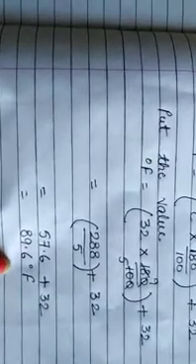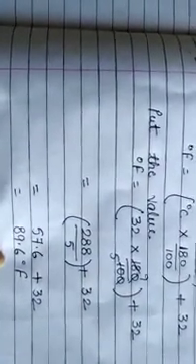On cross division, the 0 cancels with the 0, 2 nines are 18, 2 fives are 10. So 32 multiplied by 9 is equal to 288 upon 5. Dividing 288 upon 5, you will get 57.6, plus 32, so 89.6 degree Fahrenheit. In this way degree Celsius is converted into degree Fahrenheit.